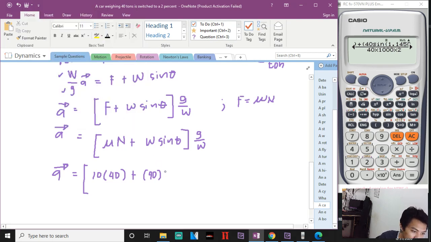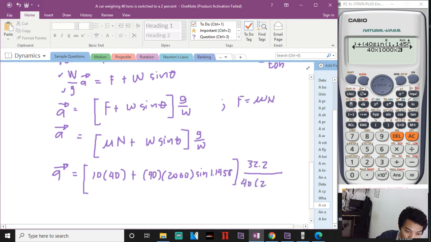So, this will be 2,000 sin 1.1458. Tapos, 32.2. 40 times 2K, 2,000. Acceleration will be equal. Ito na-convert yung loob.